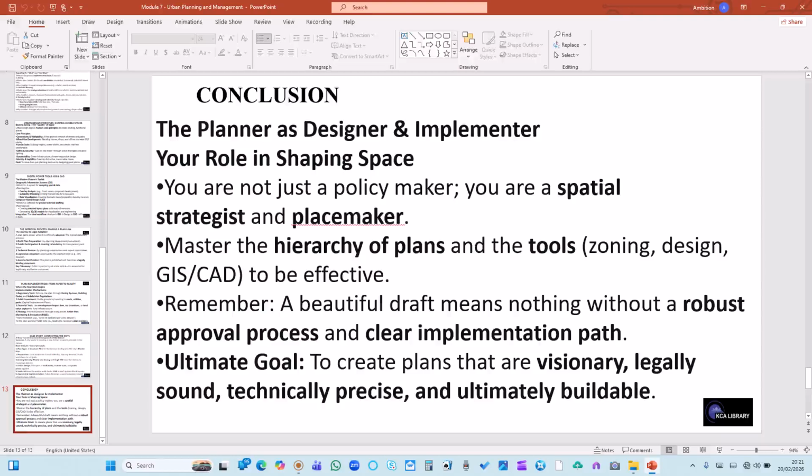Remember, a beautiful draft means nothing without a robust approval process and a clear implementation path. The ultimate goal is to create plans that are visionary, legally sound, technically precise, and ultimately buildable.